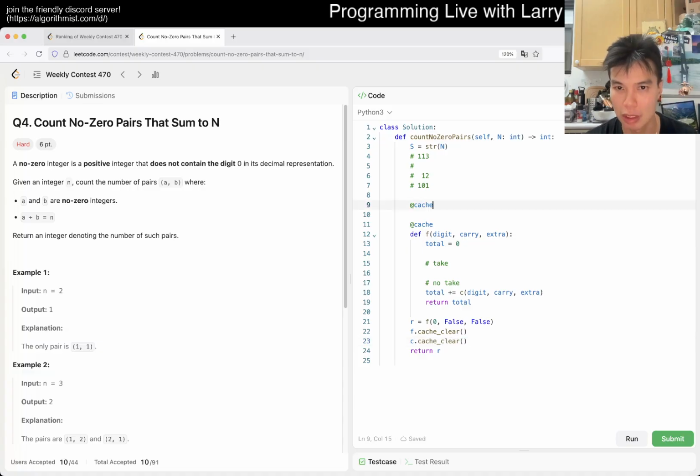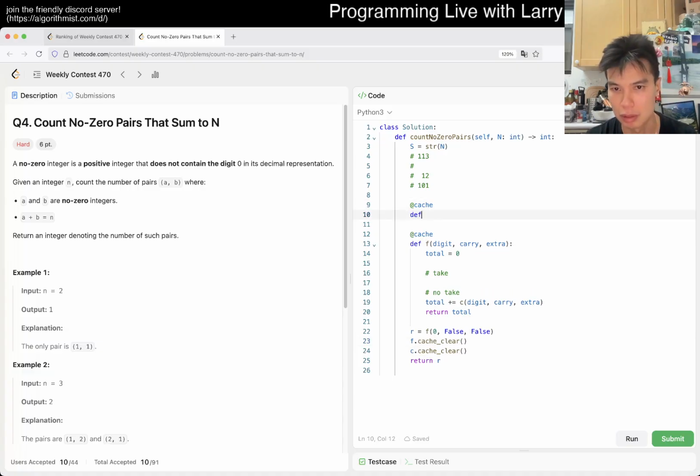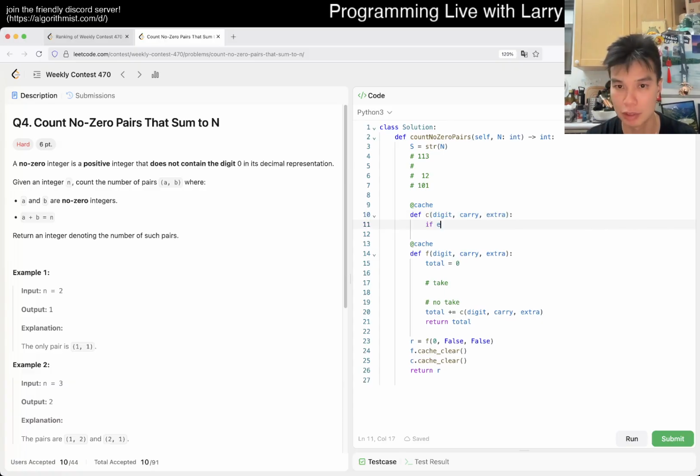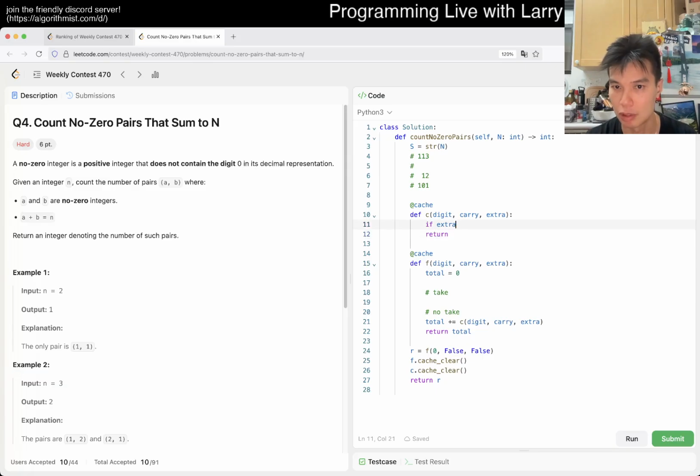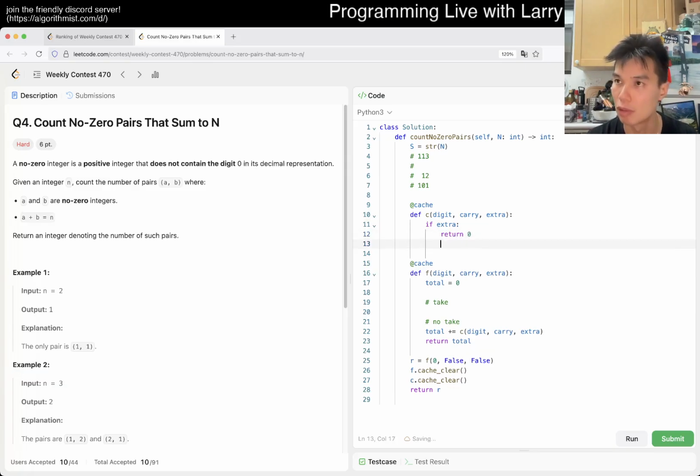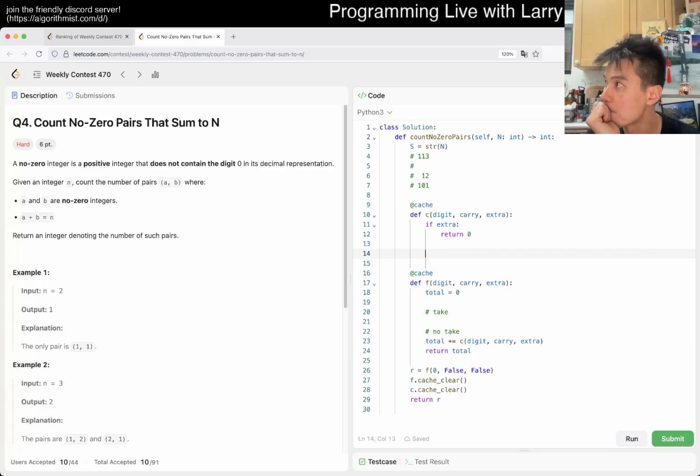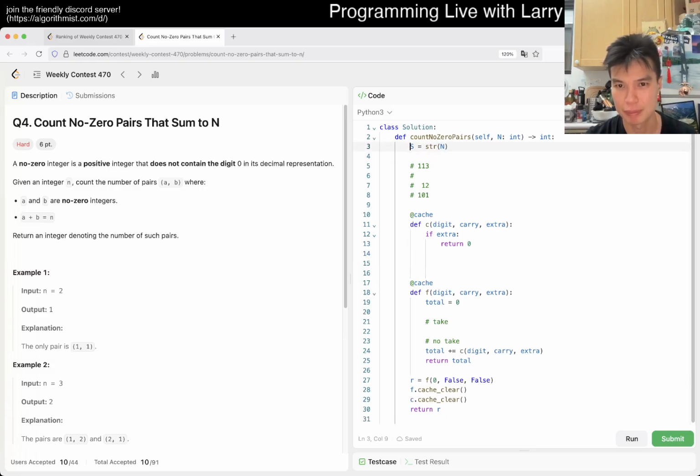Okay, so then now, okay, so if there's extra, then we just return 0, right? Otherwise, we're saying that all the other numbers are 0, so then now we have carry, and this is from the n. So we want to reverse this, maybe.